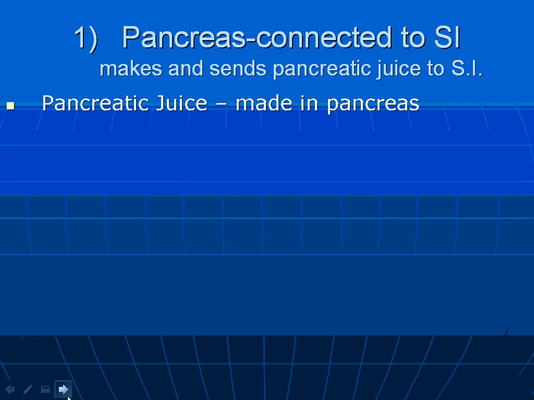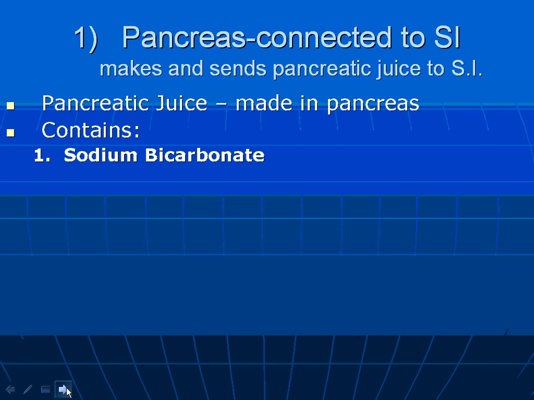So let's look at the pancreas first. This is where pancreatic juice is made, and it contains a few different things. One of them we've talked about before, pancreatic amylase. It contains sodium bicarbonate, and this is a buffer.